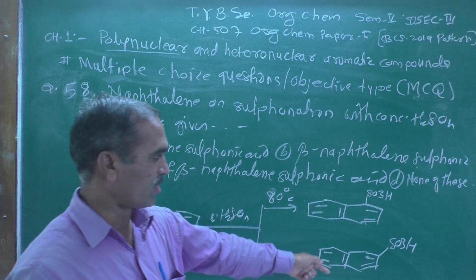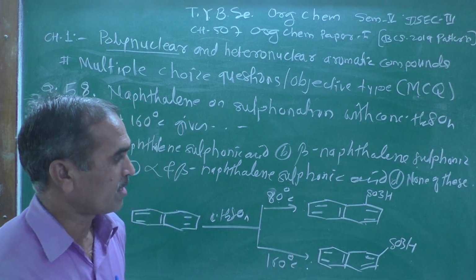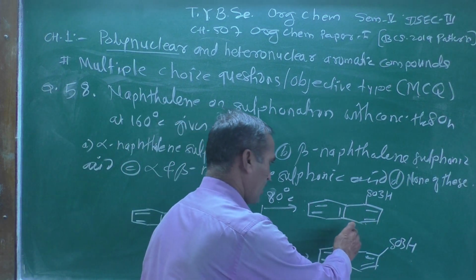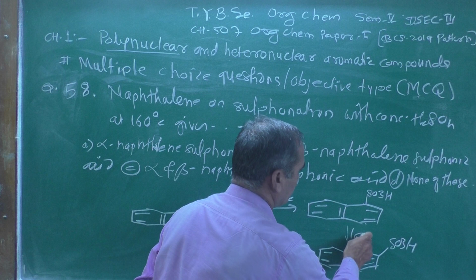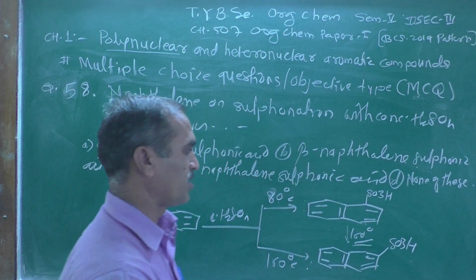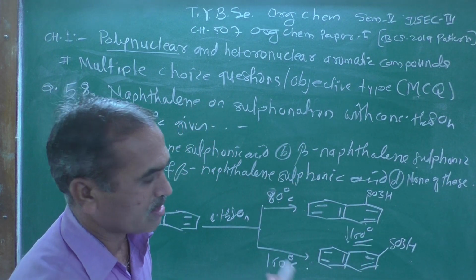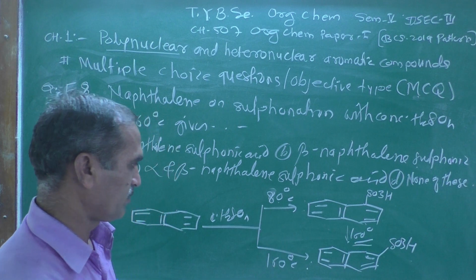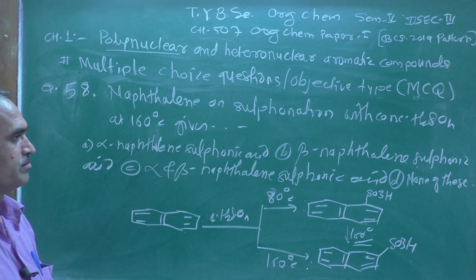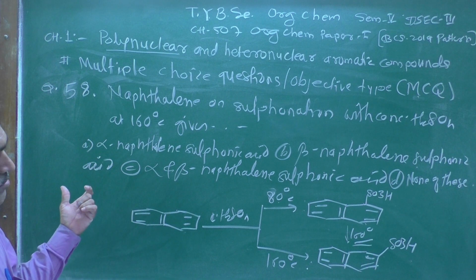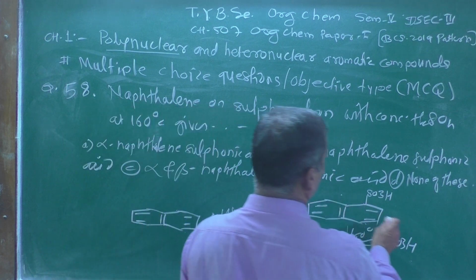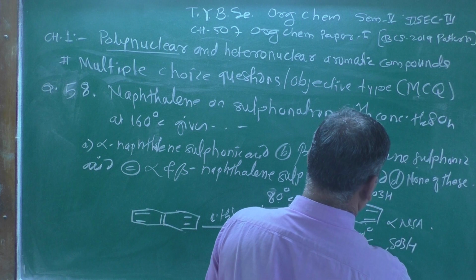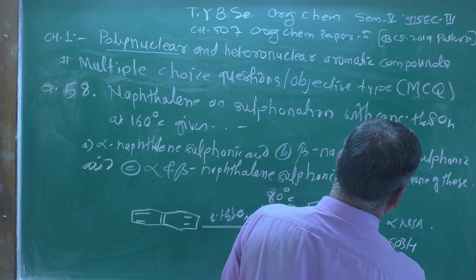The second one is thermodynamically controlled, and the first one is kinetically controlled. And when that alpha isomer is treated again at 160 degrees centigrade, it will convert into the beta isomer. This is called the alpha isomer, alpha naphthalene sulfonic acid, and this one is beta naphthalene sulfonic acid.